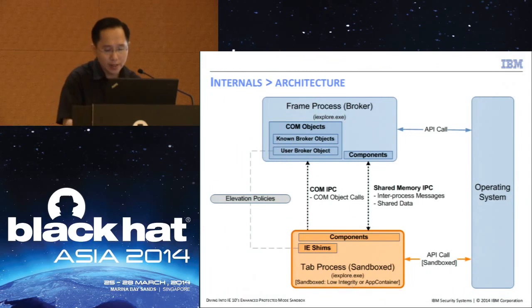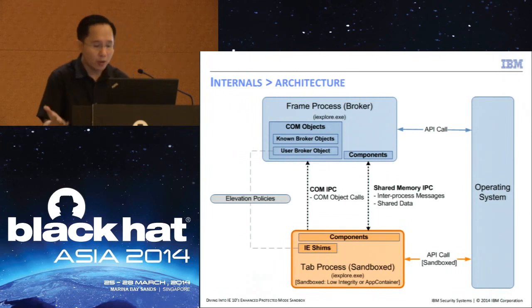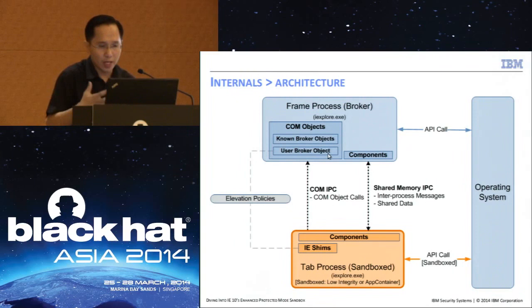Through API hooking, the IE shim mechanism provides a compatibility layer for browser extensions to run in a low privilege environment. For API calls that would result in the execution of a process or a COM server, IE shims look at the elevation policies to determine whether to forward the launch type API calls to the broker so that the broker will call the API on behalf of the sandbox process.